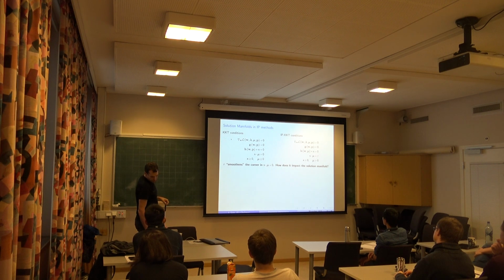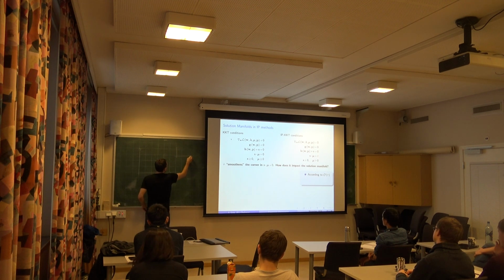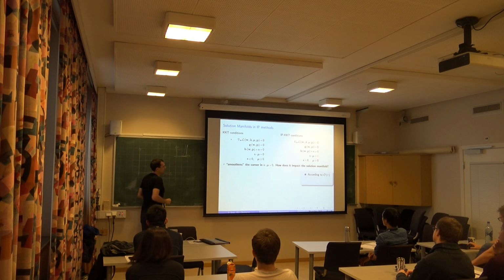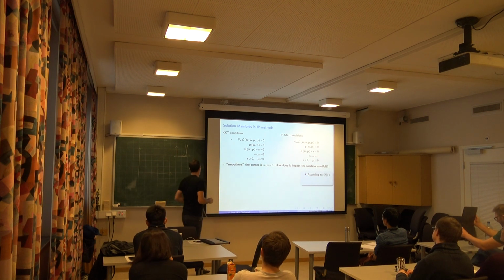So that's an interesting thing to chart actually. We didn't look at this yet. Remember that this tau is essentially doing a smoothing in the complementarity conditions. So we have this corner in the normal KKT conditions, and with the tau, we actually create something smoothed with this here.